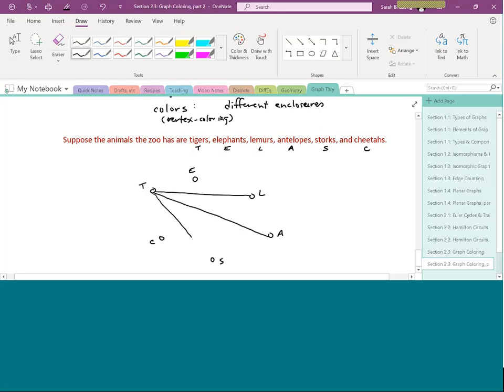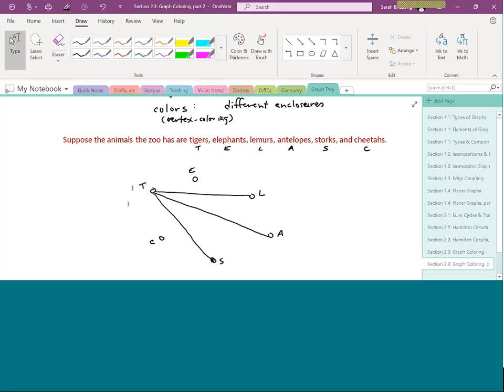So we'll go ahead and put in the edge for stork. And what about tigers and cheetahs? Yeah, I'd say they're probably good too. I think those guys actually overlap in territory in nature, and I haven't heard of anything, but they're probably okay. Let's assume for the sake of this example that we're okay.